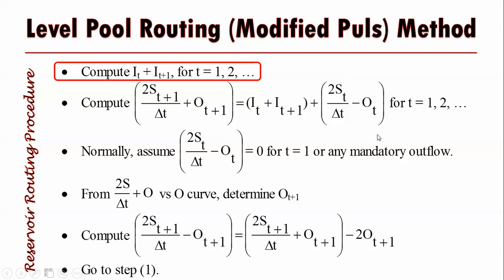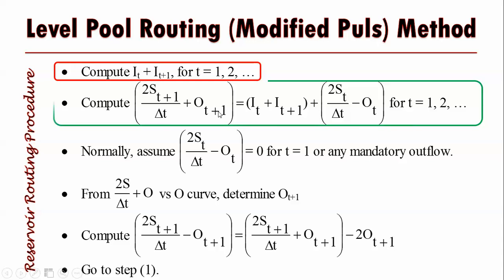After the average calculations, you can find the change in storage over time, and at time 2, depending on the average inflow data and the previously stored water. So the second step, you have to find the current time storage by using this equation.